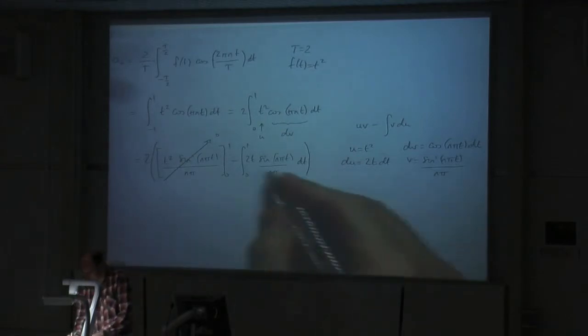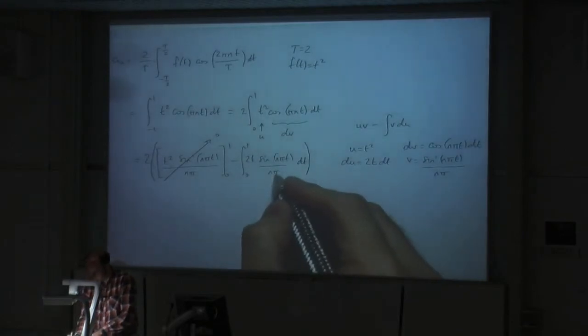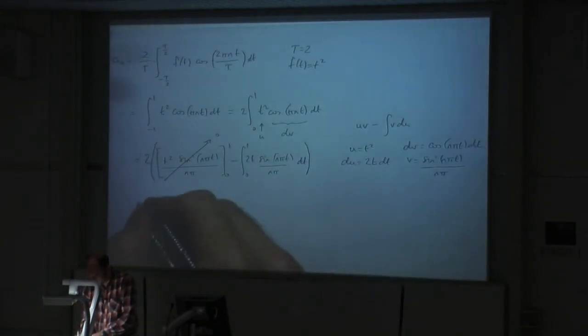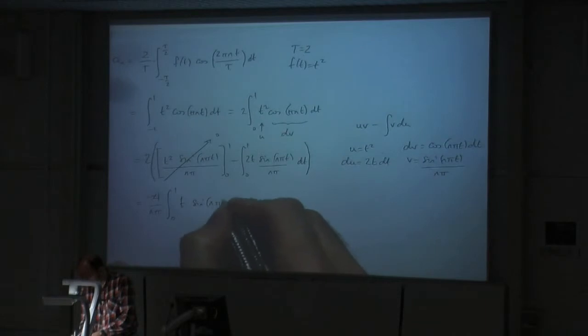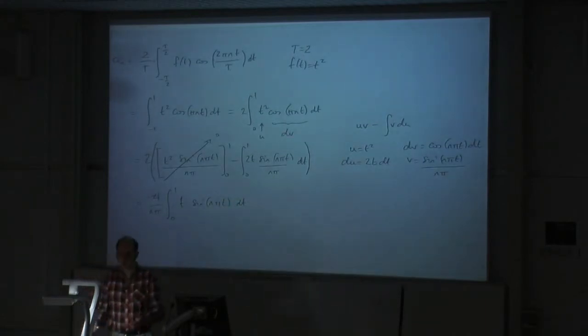What I'm going to do is take the 2 over n pi out, and it's a minus sign, so minus 4 over n pi times by the integral 0 to 1 of t sine n pi t dt. That means we don't have to do integration by parts again.